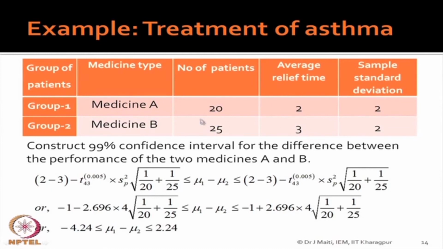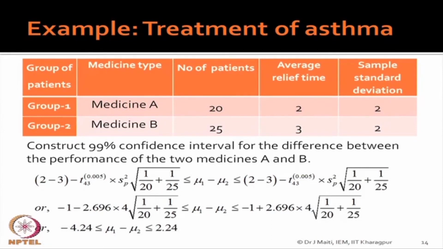You have checked with 20 patients for medicine A and 25 patients using medicine B. You got this average time and also the sample standard deviation, both are 2 and 2, from the 20 patients and the 25 patients for medicine A and medicine B.